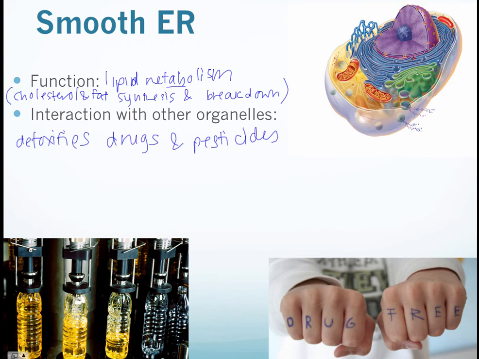Okay, and so if you look at this illustration here, and an area in our city where we're producing oil, so for cooking or oil for frying, ooh, those malasadas, right? Anything like that, that's what we're going to need those oils for. Also, you can think of drug rehabilitation centers on the island, and that will be for the drug detoxification role of smooth ER.